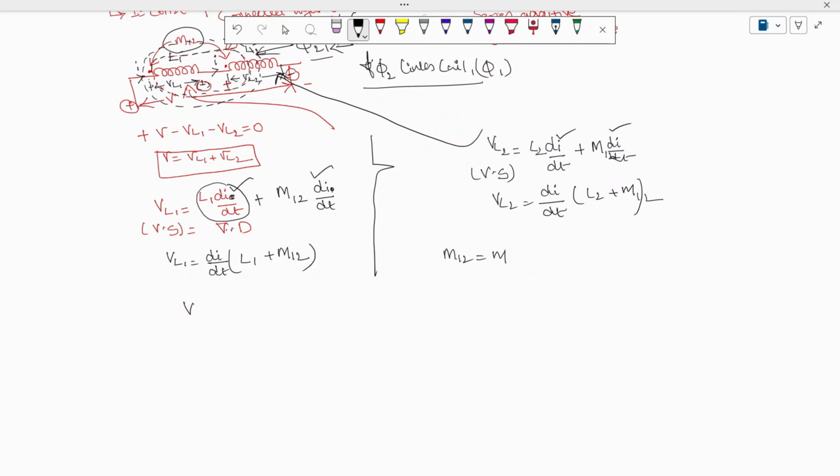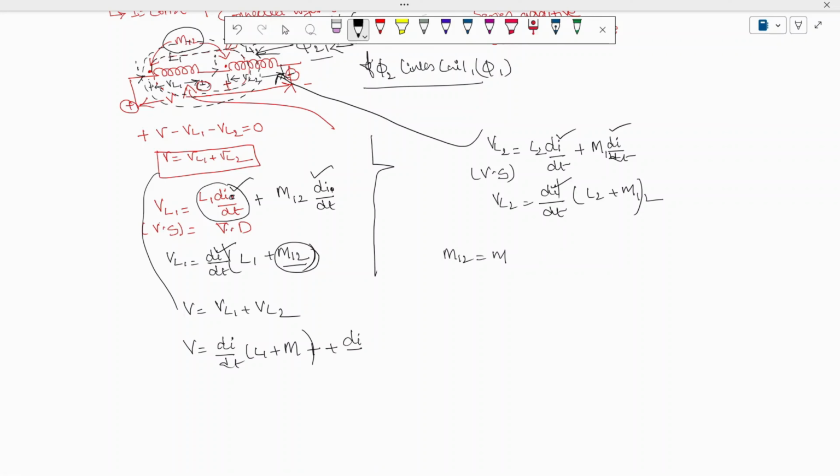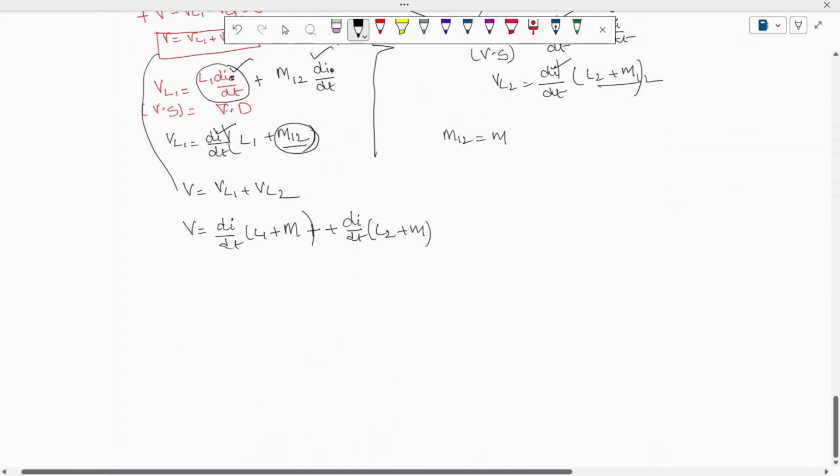so the total V is equal to VL1 plus VL2. Therefore V is equal to di by dt of (L1 plus M12), which we can write as the mutual inductance M, plus di by dt of the inductance here due to self and mutual, which is L2 plus M12.